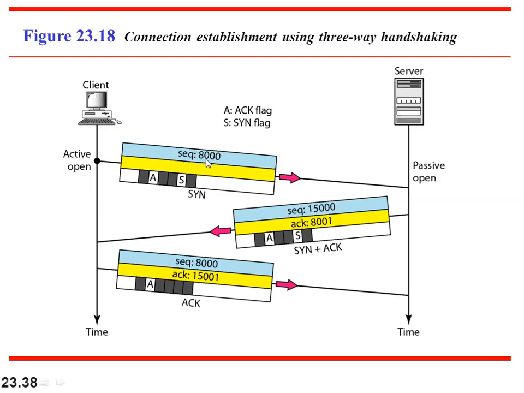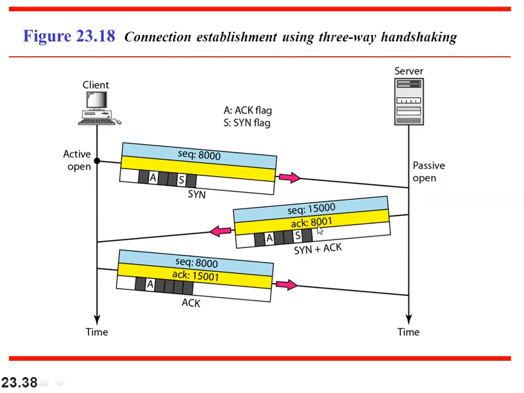So let us say the client is sending a synchronization packet with sequence number 8000. For that, the server will have to send an acknowledgement, and this acknowledgement is going to have number 8001, which means the server is telling the client that it received the packet with sequence number 8000 successfully.